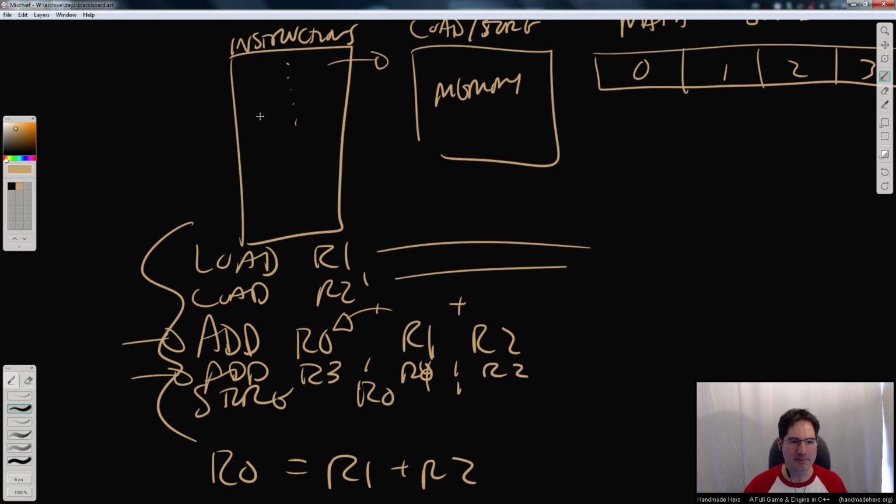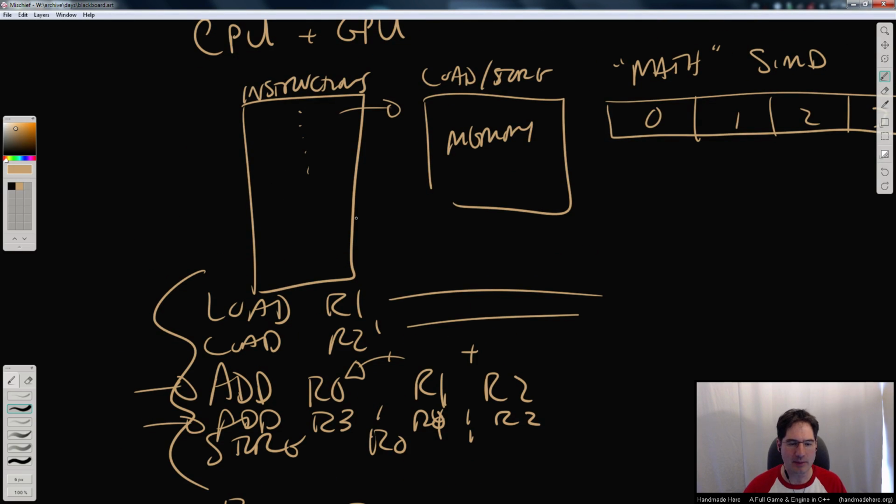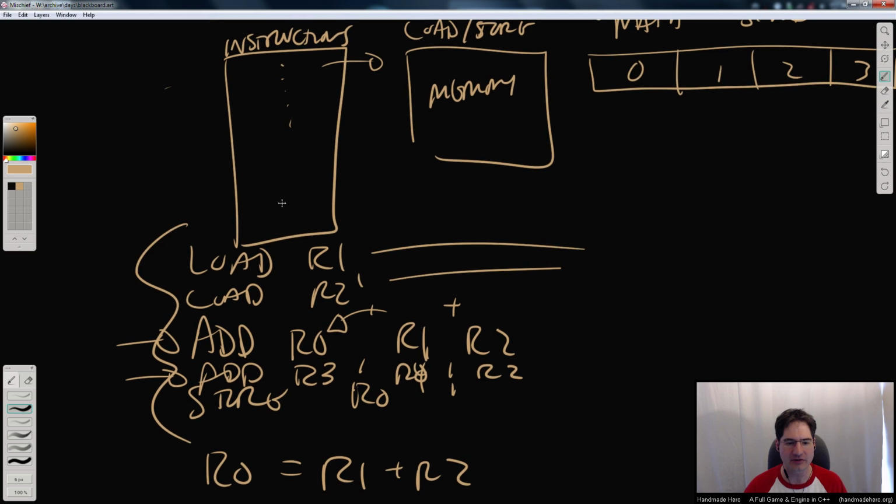And it means that the amount of actual memory that has to be spun through in order to decode the instructions is much less too, because if I'm going to load here and I can load 4 pieces of data at once, that's 3 less instructions, a quarter of the instructions to load the data, as if I had to do 4 instructions to load 4 things, right? Same with the adds. It's 3 less adds.